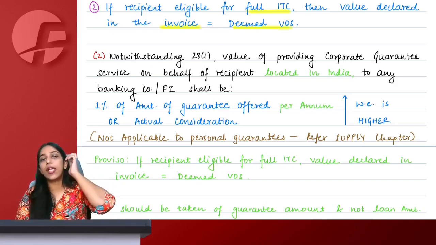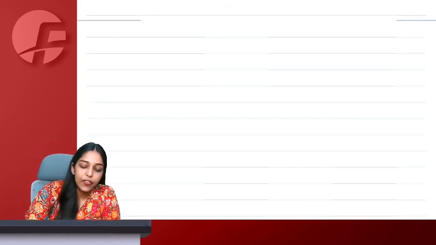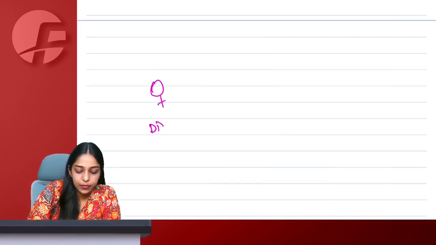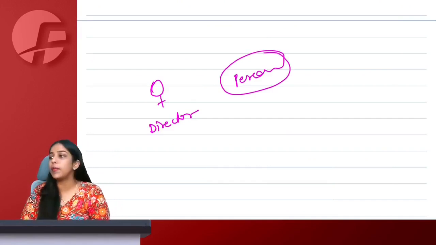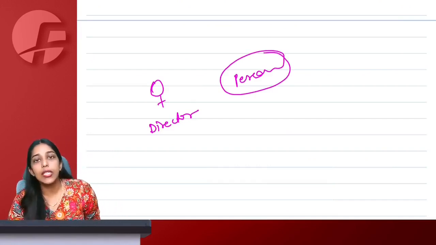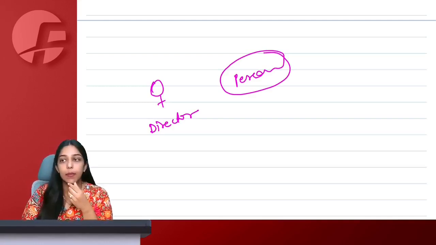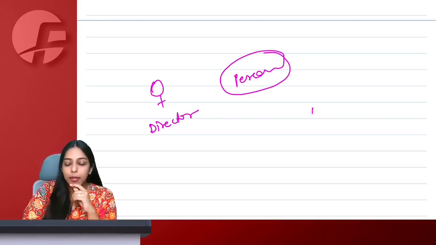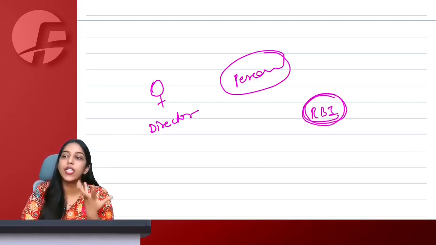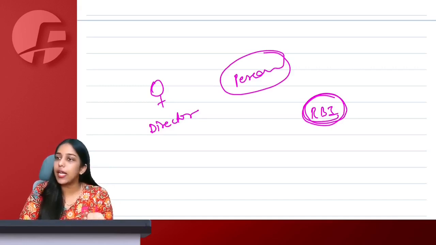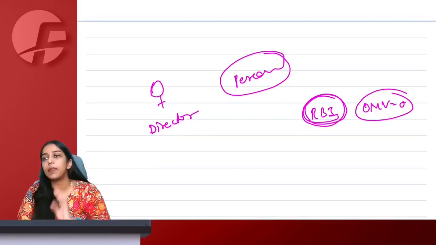One thing in relation to guarantee we have already studied in the chapter of supply: if a director is giving a personal guarantee to the company, director being a related person of the company, this transaction will now fall under deemed supply even without consideration. But because of RBI provisions, you cannot ever charge consideration to give a personal guarantee as a director, and therefore open market value is only 0. Therefore value of supply is also 0.